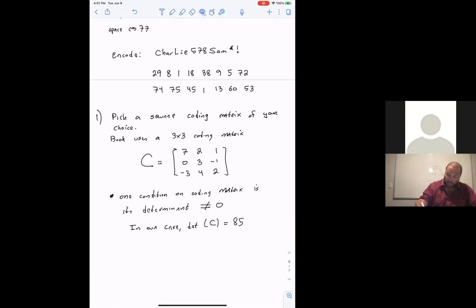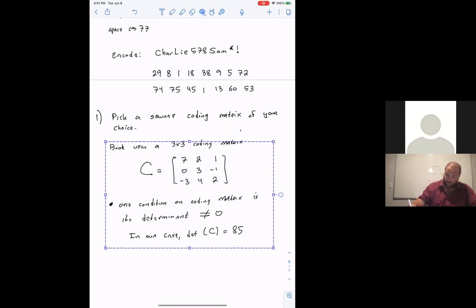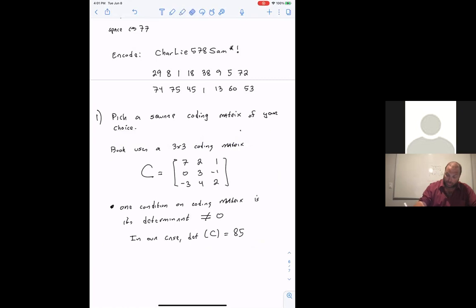You can say, hey, how can the book pick this one? The book picked this one because it had to pick something. Just pick a coding matrix, it has to be square, of your choice. Its determinant cannot be 0. In this case, the determinant of C is 85. It's not equal to 0.